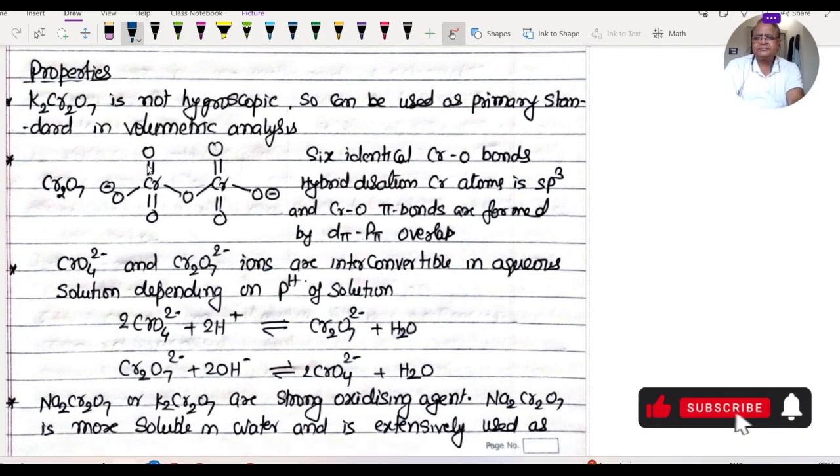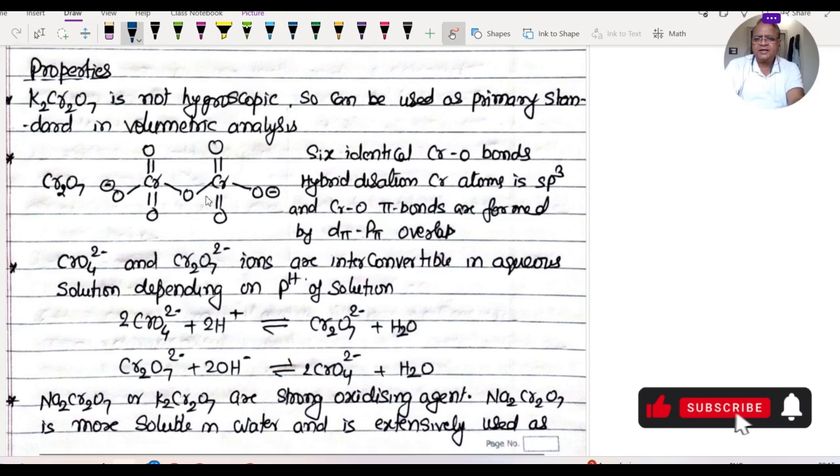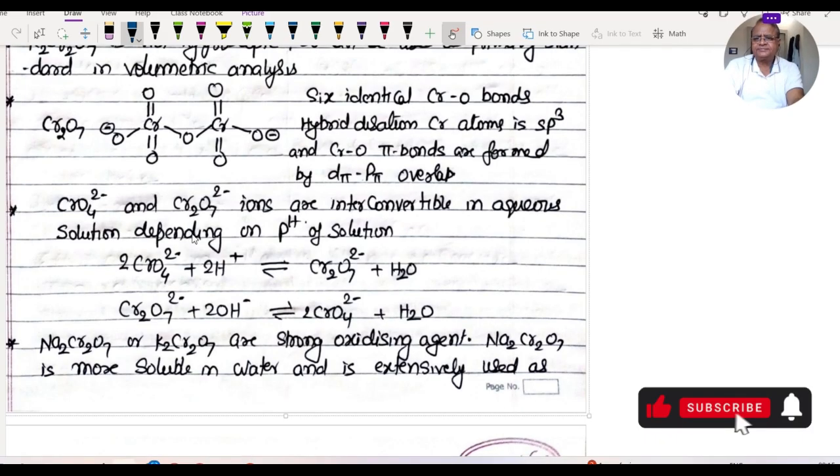Due to resonance, these three bonds and these three bonds, 6 Cr-O bonds are identical, and the 2 Cr-O bonds which are bridging are different from the 6 identical Cr-O bonds.